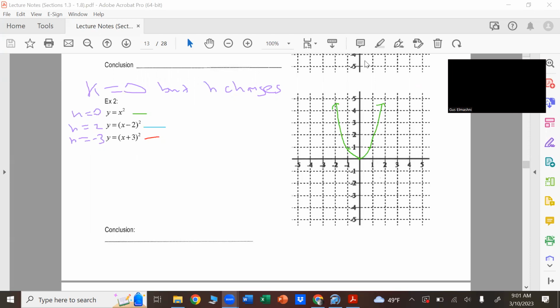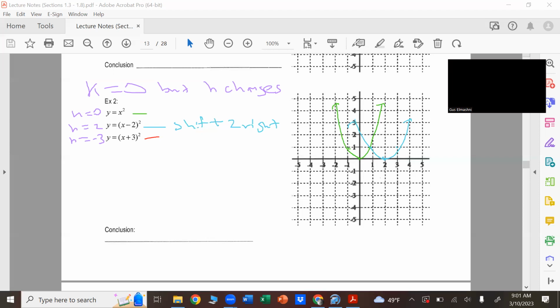It's a little counterintuitive, because if you see the -2, people think left. It's actually right. So you shift to the right. So it does this. And you go to Desmos or your graphing calculator, you'll see that for sure.